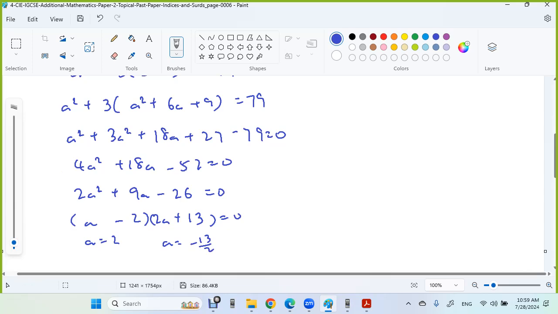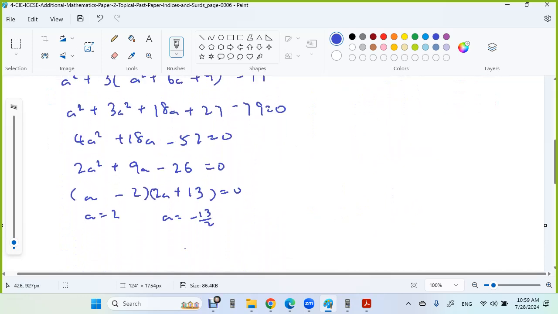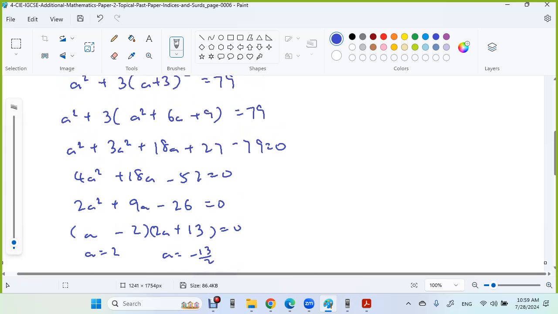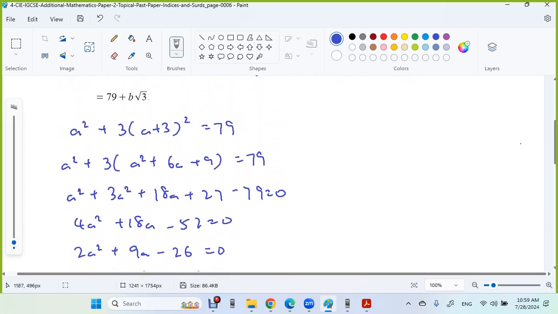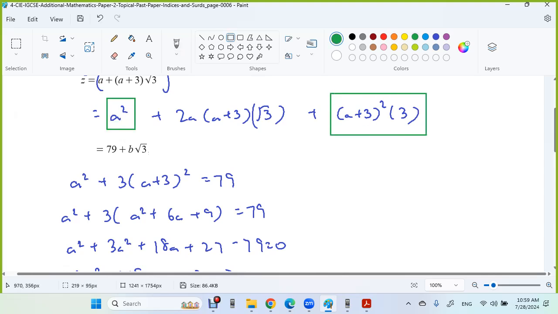Okay, so the question say that integer value only, so this one rejected. So we have the a equal to 2. And then so what we do just now is we compare the terms without the square root 3.